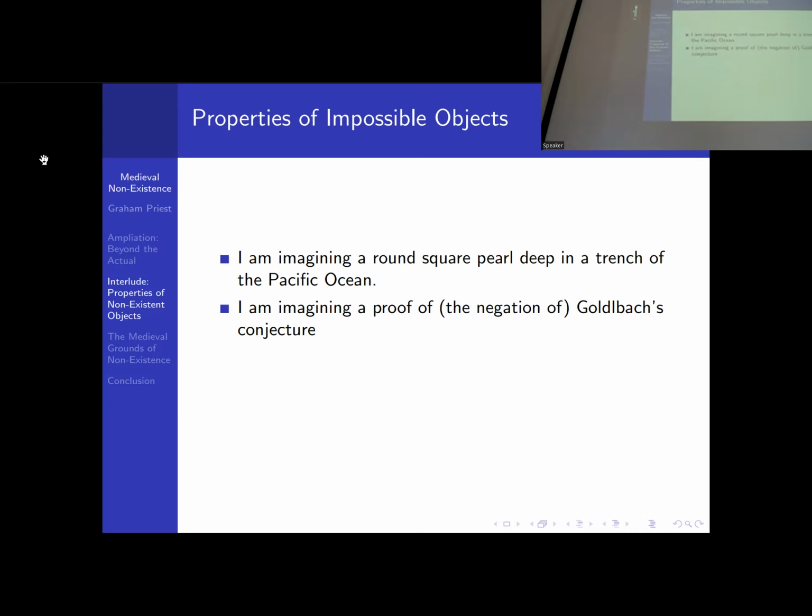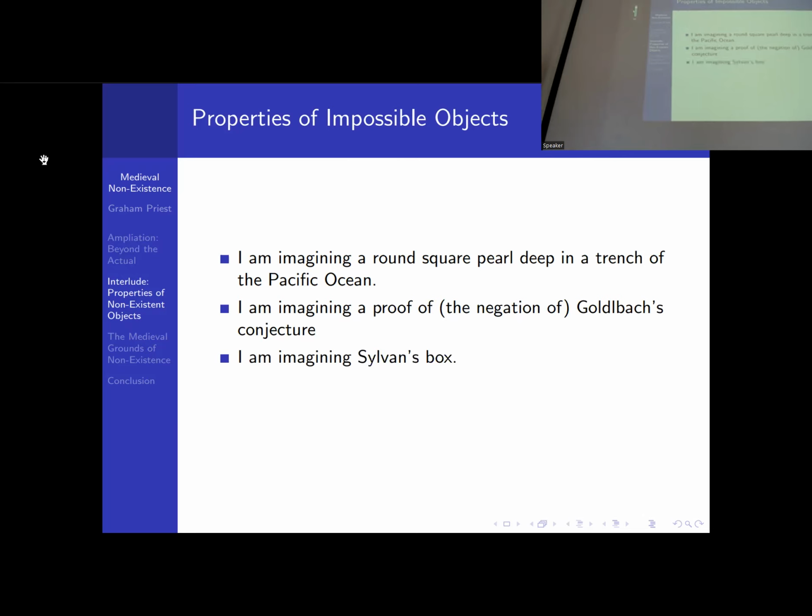One of them's got to be impossible, assuming that mathematical non-existent things are impossible things. You can imagine a proof of Goldbach's conjecture and of the negation of Goldbach's conjecture. One of those is impossible. Obviously this is not sensory imagination, because we're not visualizing a token, we're visualizing a type, which is an abstract object.